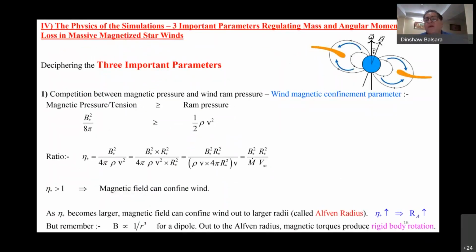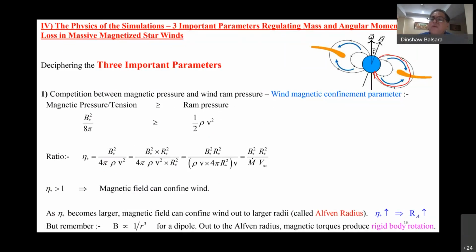So with this, we now have to delve into the physics of these winds and what happens when you have a massive star. Imagine, if you like, that we have a massive star shown in the blue here, and this massive star has these magnetic fields, as you can see.